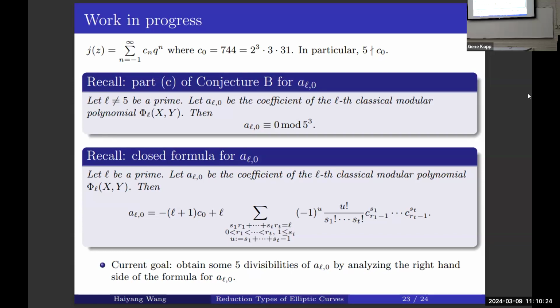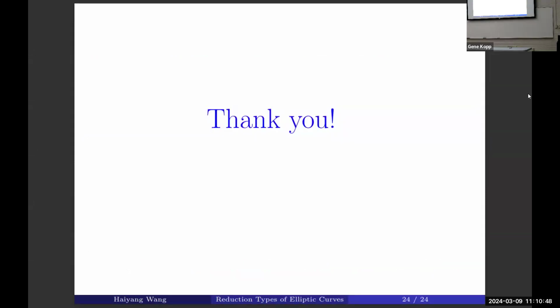As you can see from the formula, the initial term here is usually not divisible by 5. So we cannot get a 5 divisibility of a_{L,0} from the formula directly. Our current goal is to obtain some 5 divisibility of a_{L,0} by analyzing the right-hand side of this formula more closely. I will stop here, and thanks for listening.